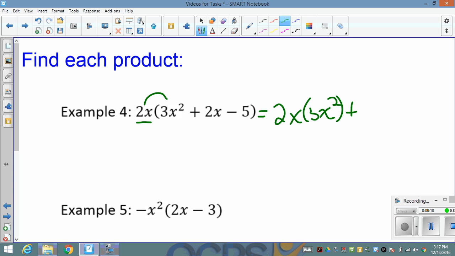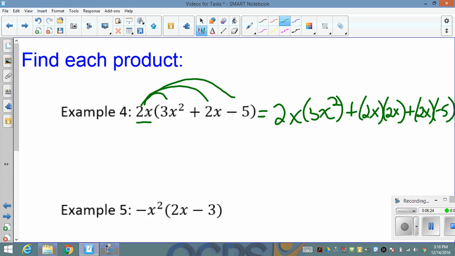Plus 2x times 2x plus 2x times negative 5. So 2 times 3 is 6x to the 1 plus 2 is 3. It's tricky. You've got to make sure you're using the right rule there. 2 times 3, those are just constants.